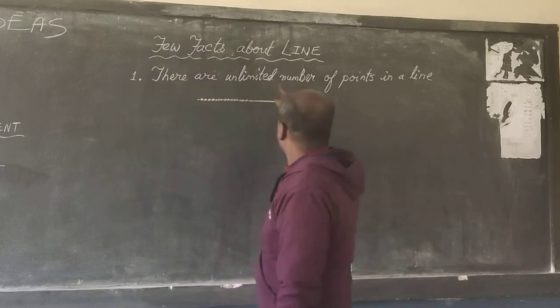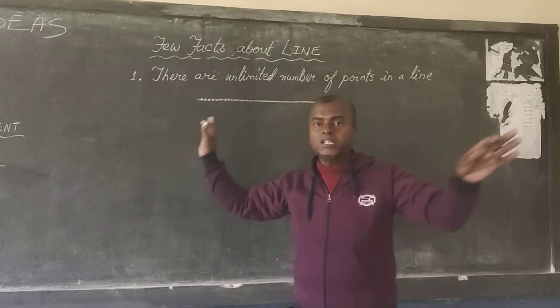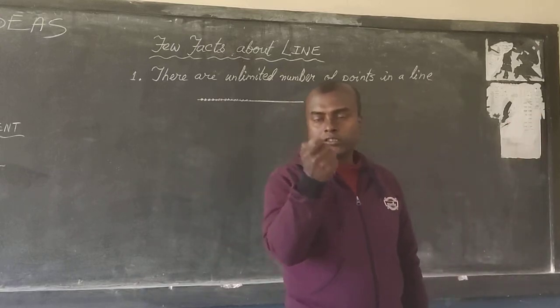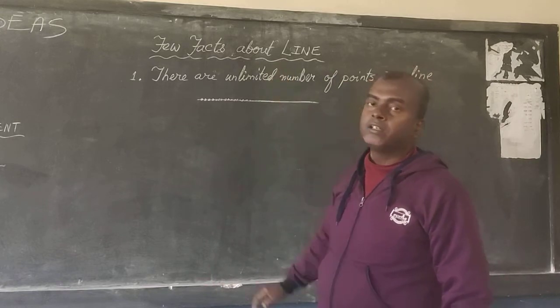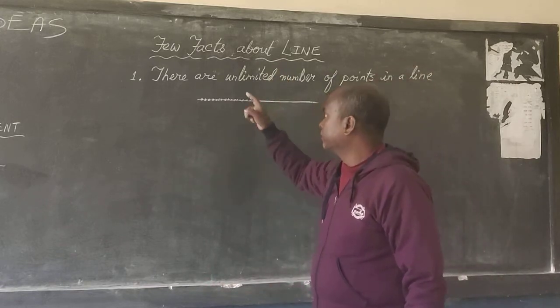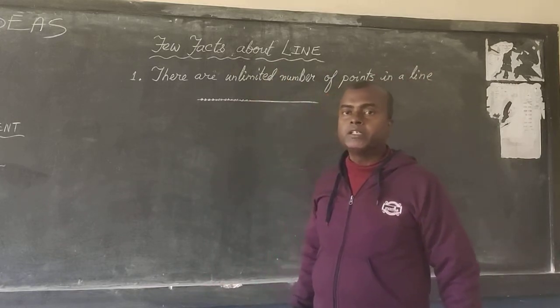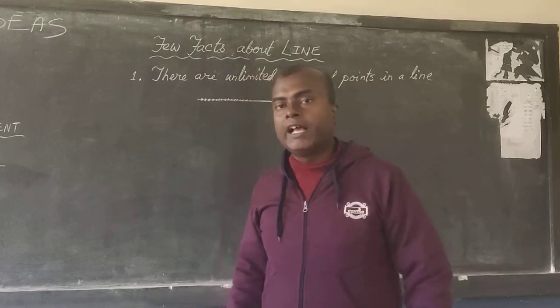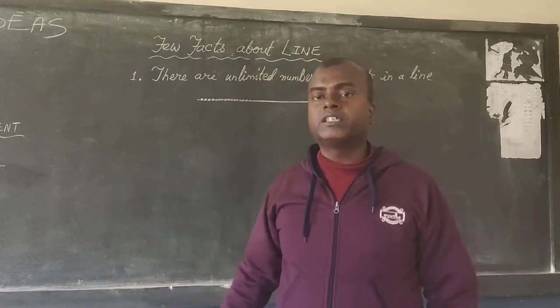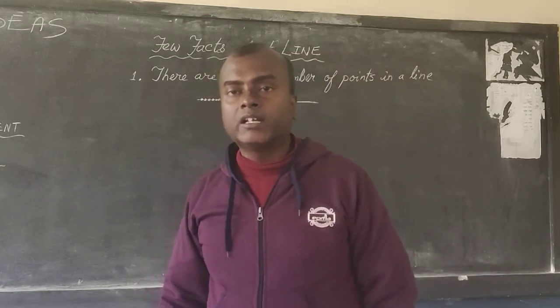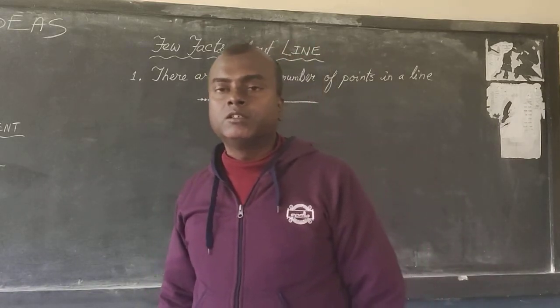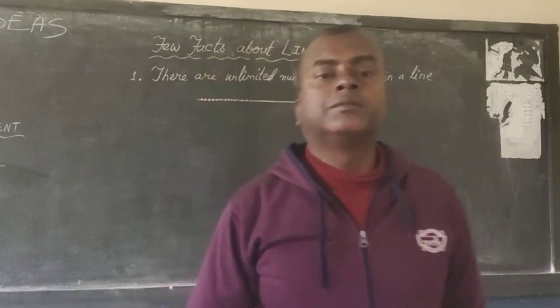God knows how many millions of points or dots of chalk powder dust have fallen when I have written with this piece of chalk. So one particular line when I am drawing has many points in it, an indefinite number of points. Nobody can count those points. So this is the first fact.